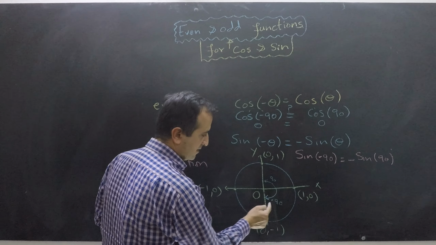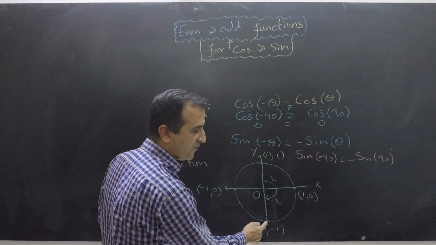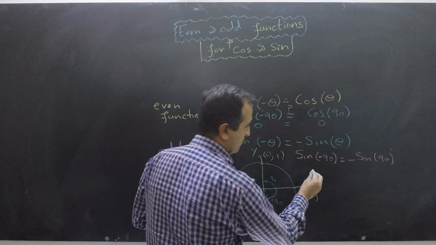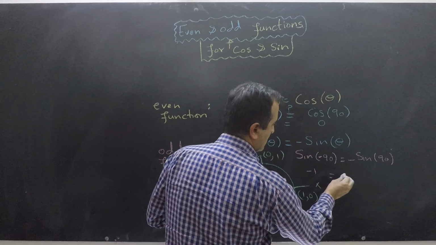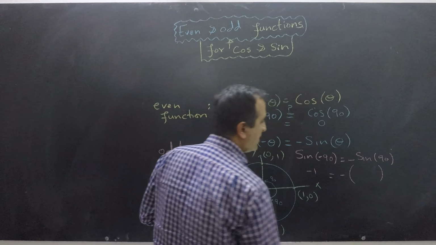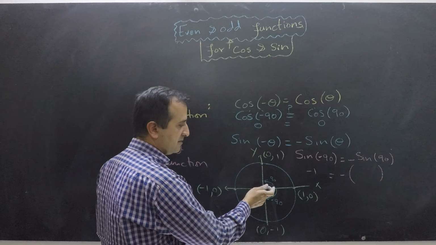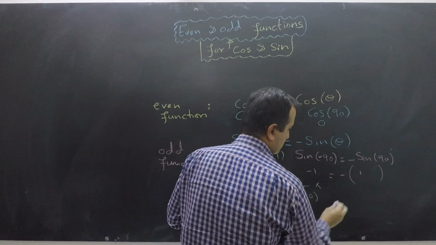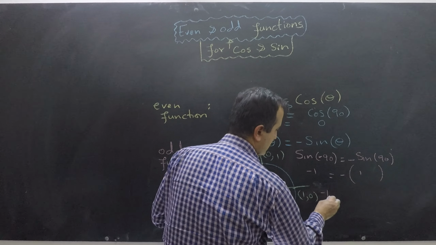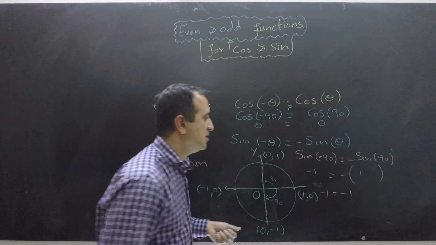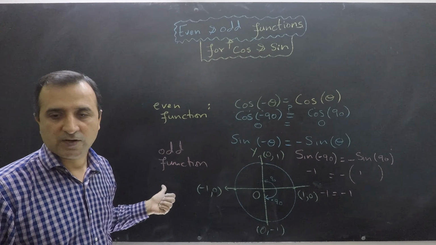We go in this direction. At this point, what is the value of y? Minus 1. Now we write the value of sine 90: at 90 it is this direction, 1. So minus 1 is equal to minus 1. So sine is indeed an odd function.